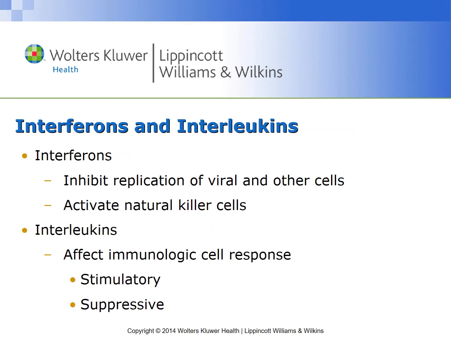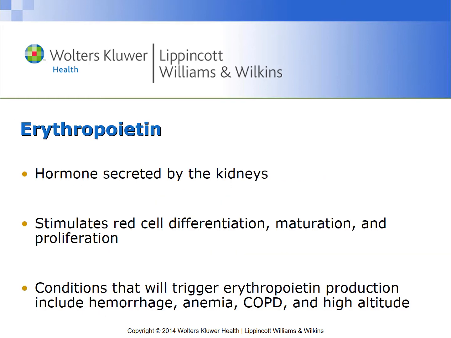Okay, the interferons, we've talked about those in the previous unit, but remember that they interfere with the replication of the virus or other cells, and they activate natural killer cells in the immune system. The interleukins affect the immunological cell response by either stimulating or suppressing whatever is needed at that point.